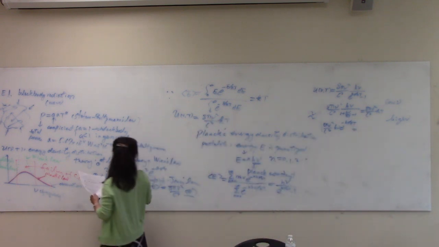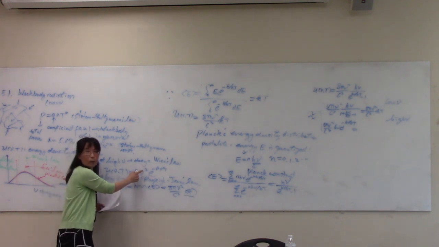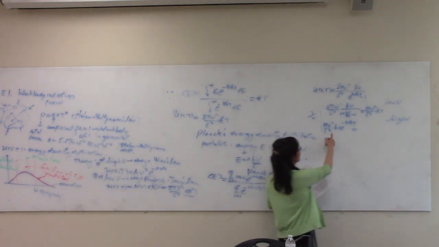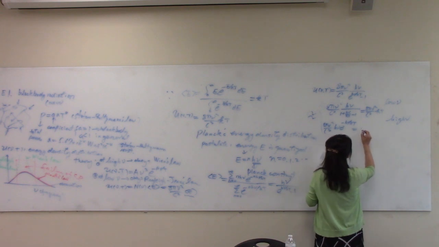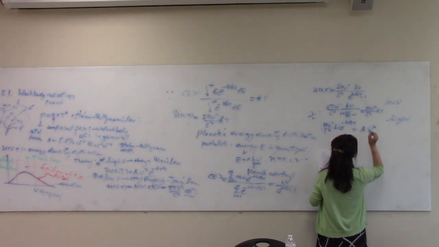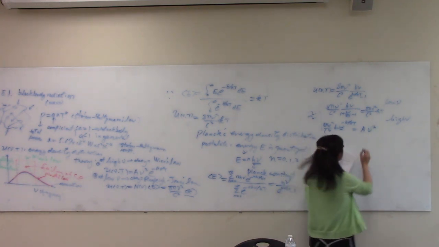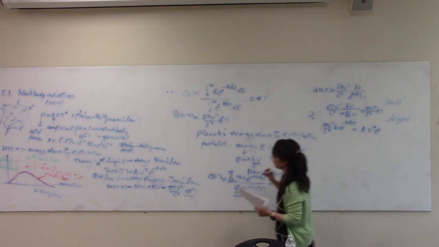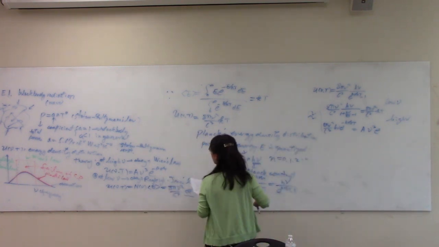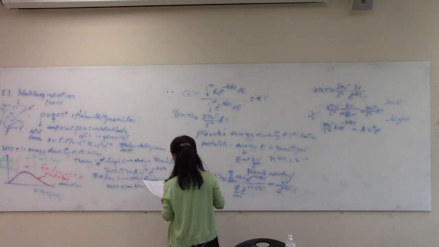That is this one to the cube, μ to the cube, right? So here this is some constant to the cube, and then the exponential. So you see this exponential here.